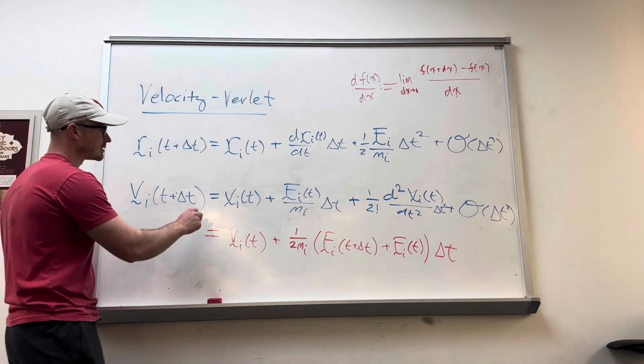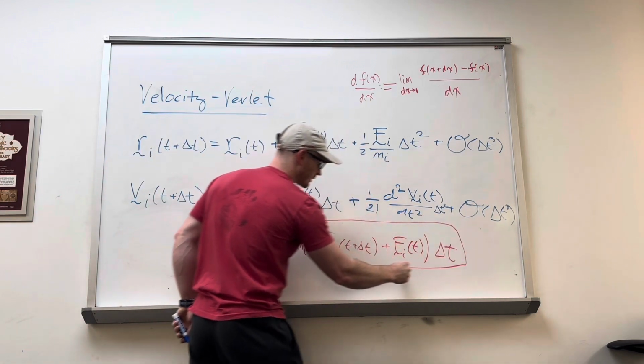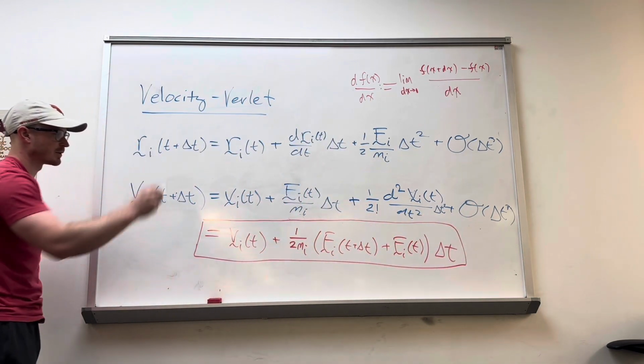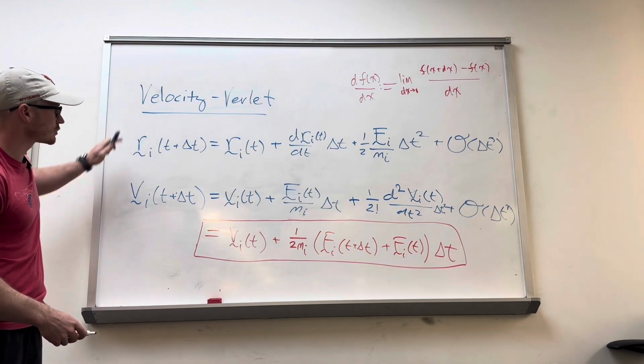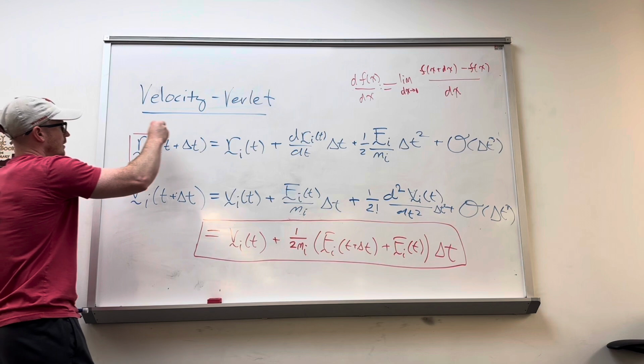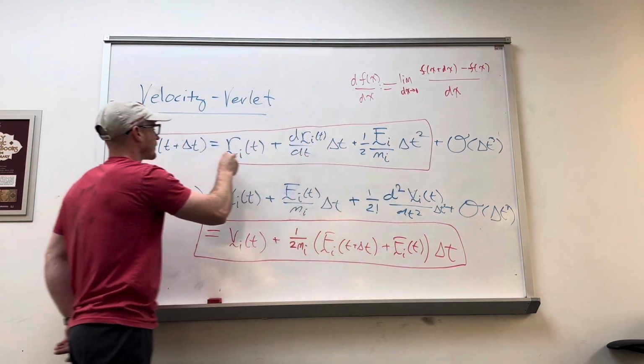So this is going to be our new velocity term, written in terms of a linear approximation in the derivative of the force. These two equations here are the equations you need to implement the Velocity-Verlet algorithm.